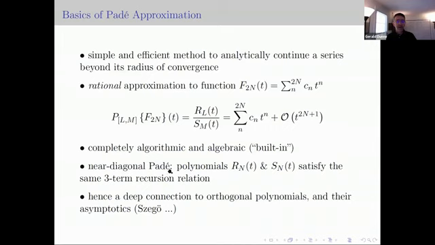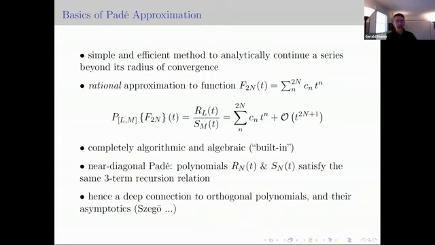The near diagonal Padés are often in applications the most interesting in terms of the recursion. And an interesting feature here is that the numerator and denominator polynomials actually satisfy a three-term recursion relation. And interestingly, it's the same three-term recursion relation, but with different starting points.